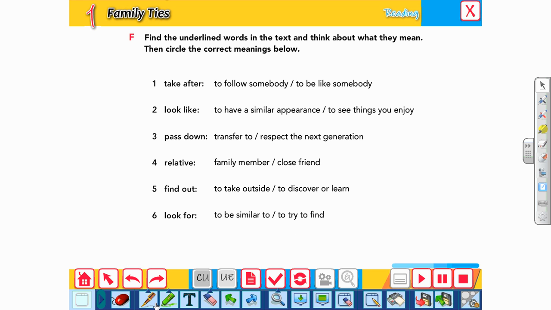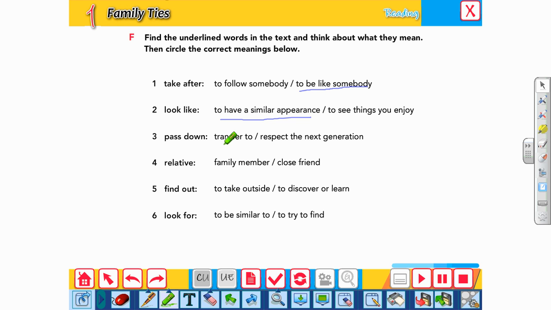Let's answer: to be like somebody. Number two, look like. What does it mean to look like? To have a similar appearance or to see things you enjoy? Sure, to have a similar appearance. Pass down, as we said, our parents pass down their genes through generations.